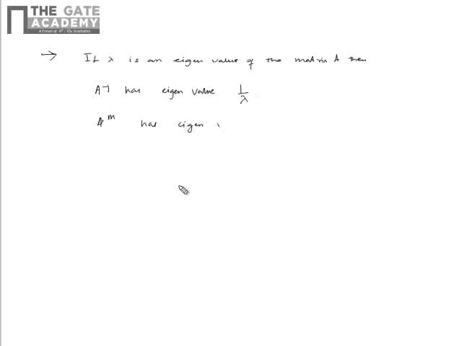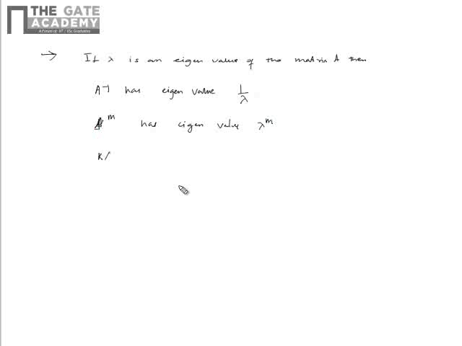So in general, one can write that if lambda is an eigenvalue of the matrix A, then A inverse has eigenvalue 1 by lambda. A power m has eigenvalue lambda power m.